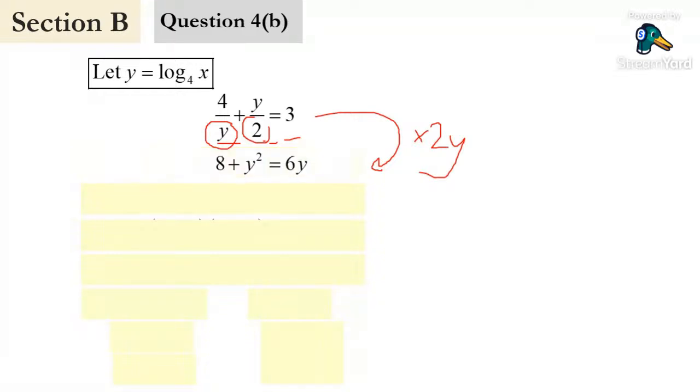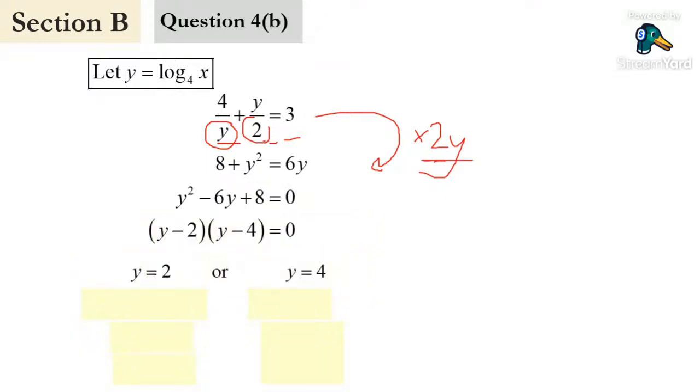So as a result, the first term 4 over y multiply 2y becomes 8. y over 2 becomes y square. 3 becomes 6y. Of course, kalau you tak boleh terima, terus multiply 2y, boleh you multiply y dulu, kemudian follow by multiply 2. It's the same result. So once again, you see a quadratic. Okay, I sudah bosan dengan quadratic lah. Saya tekan dengan cepat lah. So y equals to 2, y equals to 4.